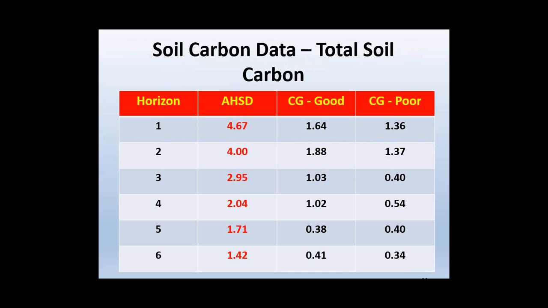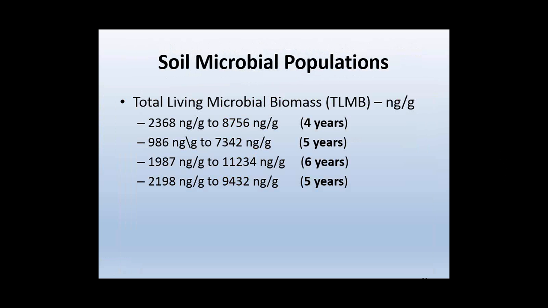But you can see that within just 5 years, the total soil carbon has increased rather dramatically in this particular piece of property compared to both the conventional grazing operations, and that soil carbon was maintained at a higher level all the way down to 3 feet.